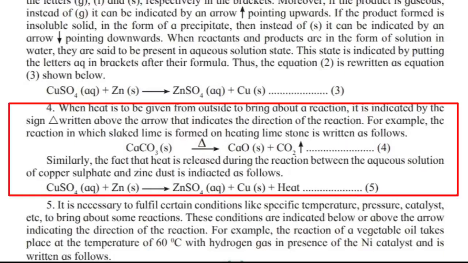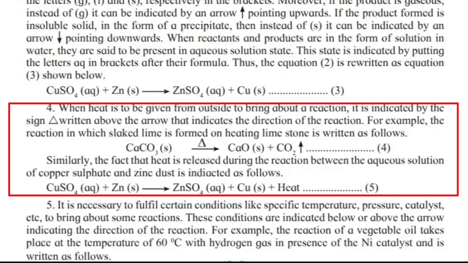Fourth point, when heat is to be given from outside to bring about a reaction, it is indicated by the sign delta and is written above the arrow indicating the direction of the reaction. For example, CaCO3 when heated gives calcium oxide plus carbon dioxide which goes up.